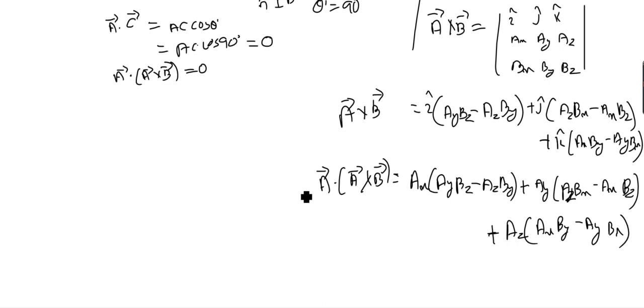If we multiply all these components, they will cancel with each other and it will become 0. So it's proved. Okay, now the next question.